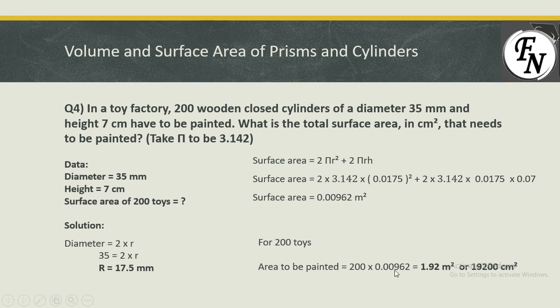So 200 multiplied by this value, we obtain 1.92 meters square. This is the surface area to be painted in meter square, and to convert into centimeter square as asked in the question, we multiply this value by 10,000. That is the conversion: 1 meter square equals 10,000 centimeters square. So we have multiplied the value, and we have obtained 19,200 centimeters square.